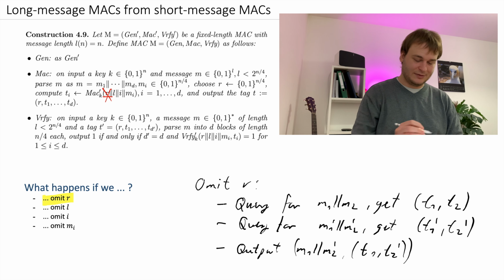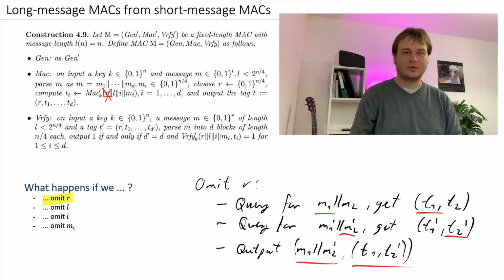And then I do the mix and match thing. So I just take the T1 for M1 and the T2 prime for M2 prime, and I just combine them to get a tag on M1, M2 prime. And yeah, if I do add the R into this MAC, then this attack won't be possible because these two MACs here will have a different R, so the verification would just reject this.